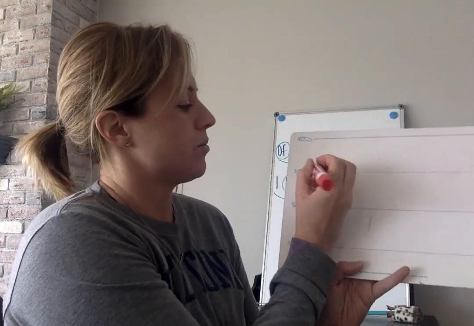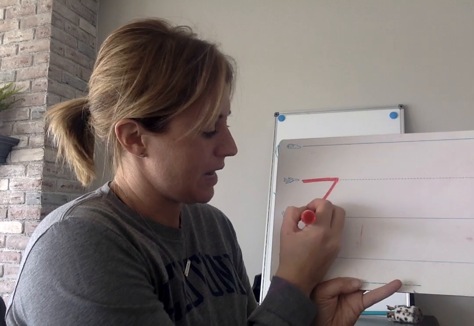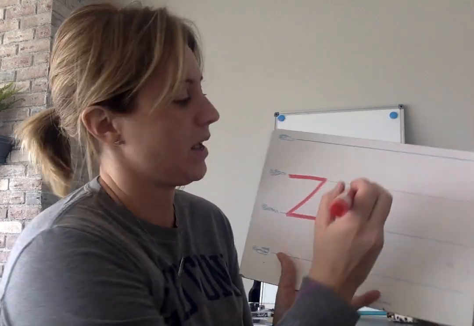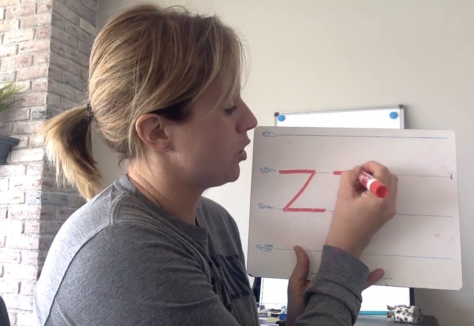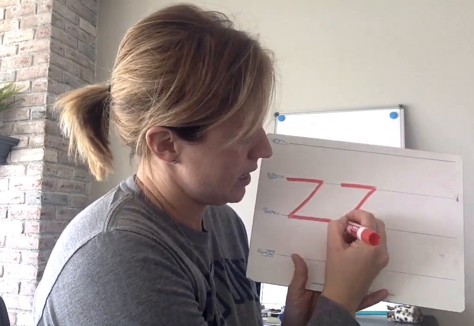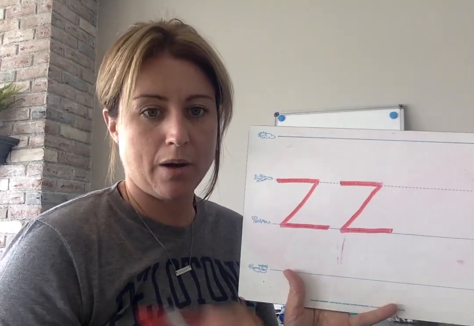Okay? Point to the plain line, go on the plain line, slide back to the grass line, go on the grass line. It's very important. First, you have to go on the plain line.